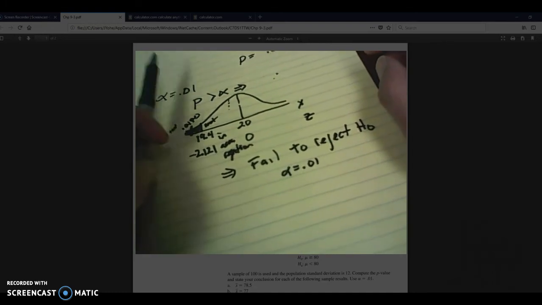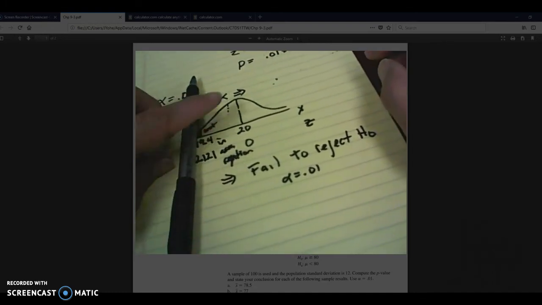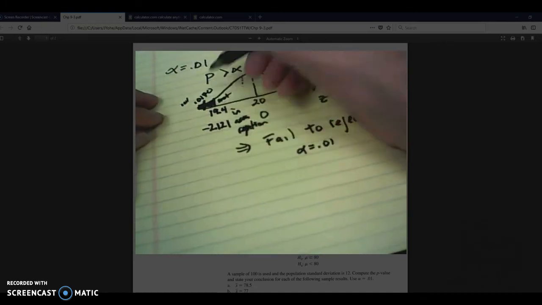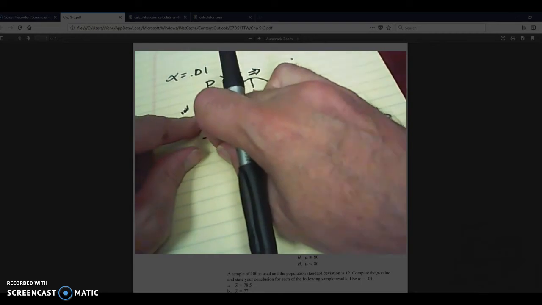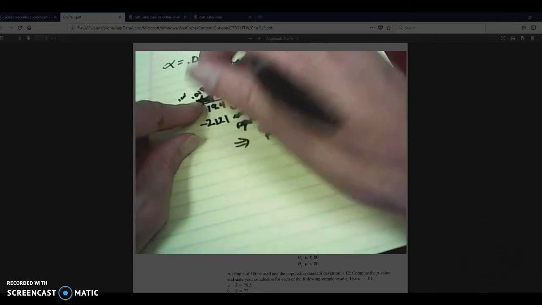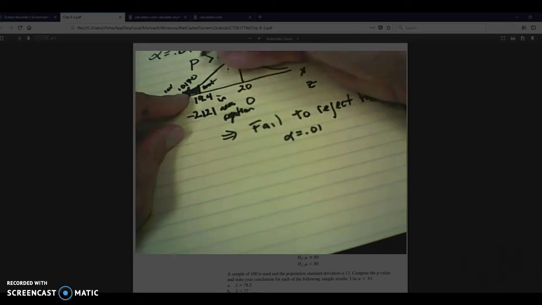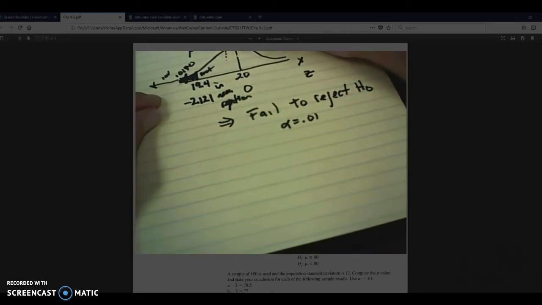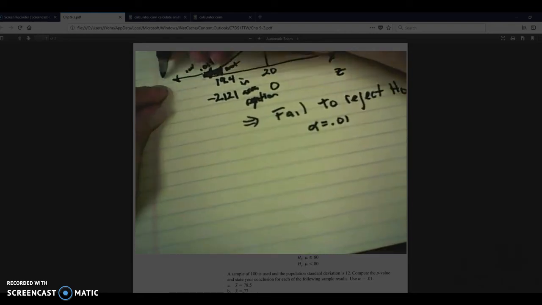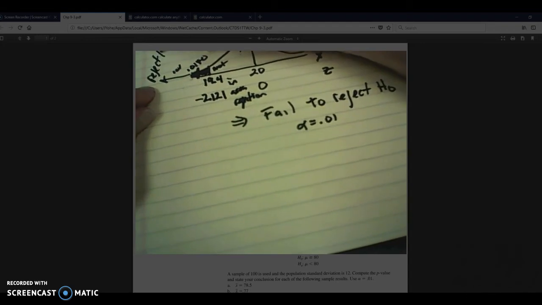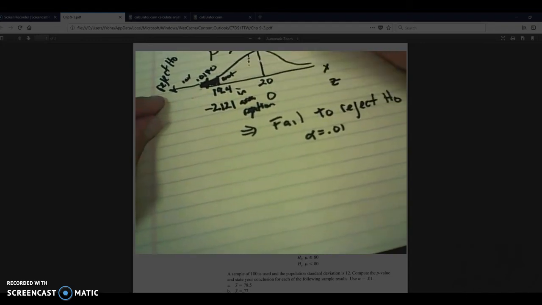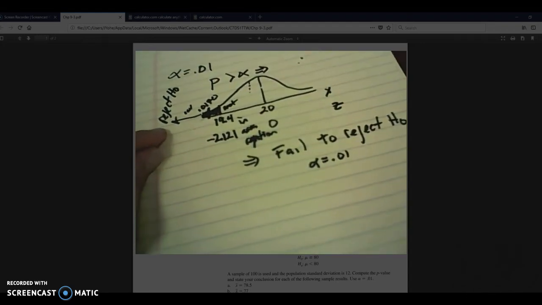Take a look at that. 0.01 is here. 0.0170 is to the right of it. That is in our area where we fail to reject. Everything to the left of 0.01 would be where we reject H naught, everything to the right, we fail to reject H naught.